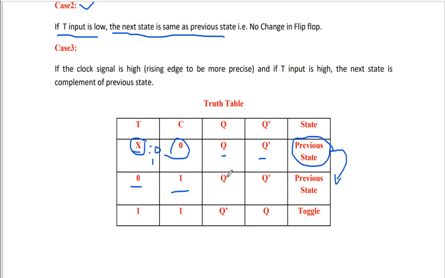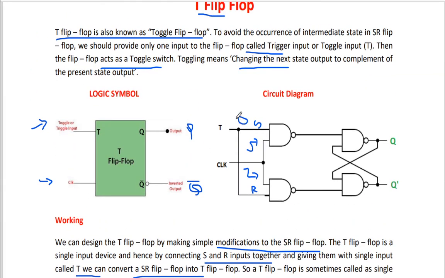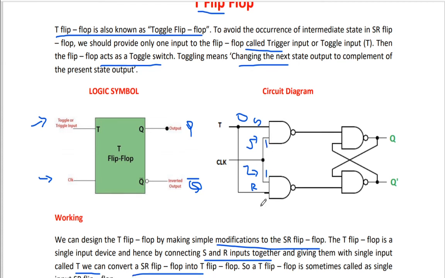That is, if Q is holding 0, then Q bar will be holding 1. If Q was holding 1, then Q bar will be holding 0. Okay, so we retain the previous state when we apply 0 at the T input and the clock is high.